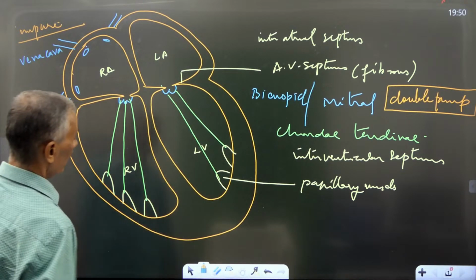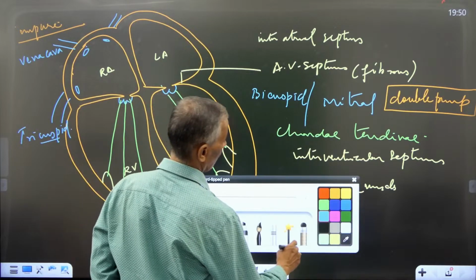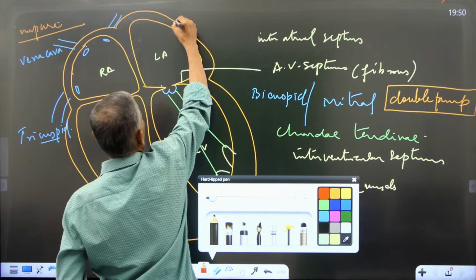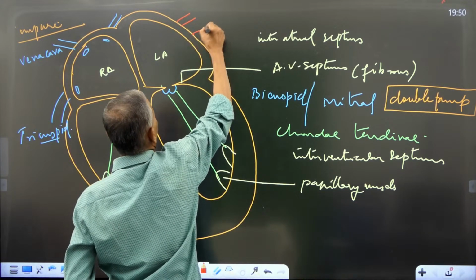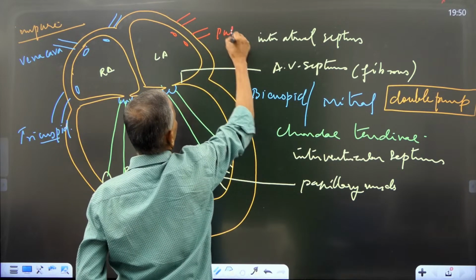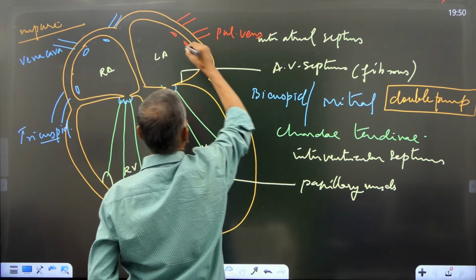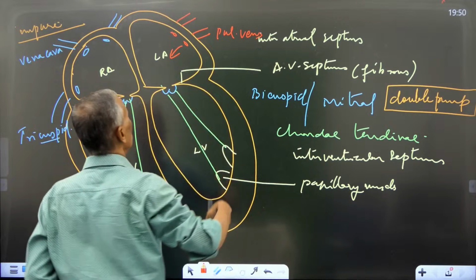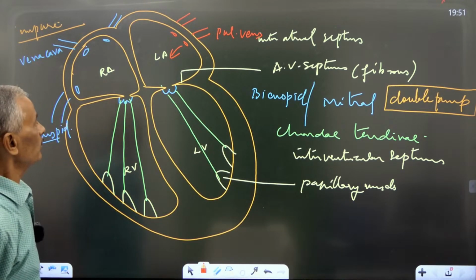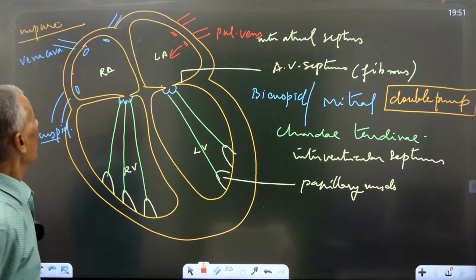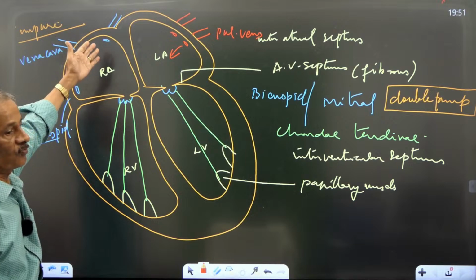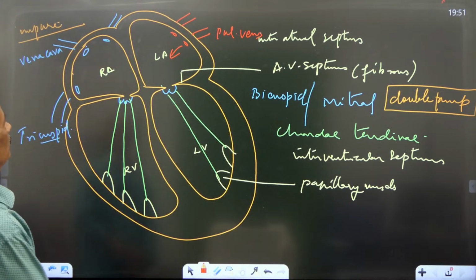And blood from the lungs after oxygenation, that is pure blood, is brought to the left atria by means of a pair of pulmonary veins. So pulmonary veins bring pure blood from the lungs after oxygenation, so it is oxygenated blood, and the right side is receiving impure blood from all parts of our body.